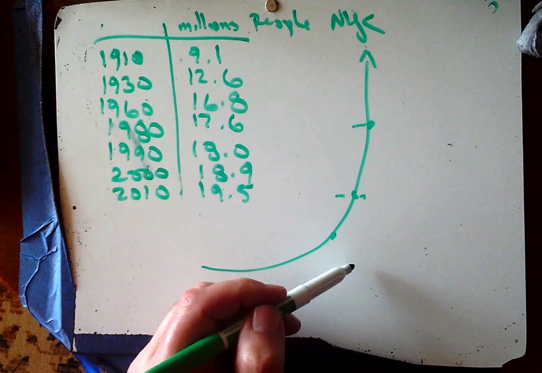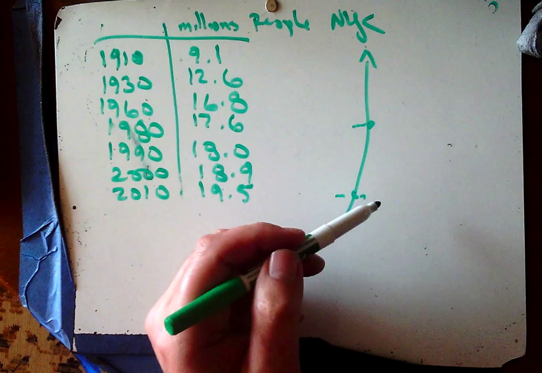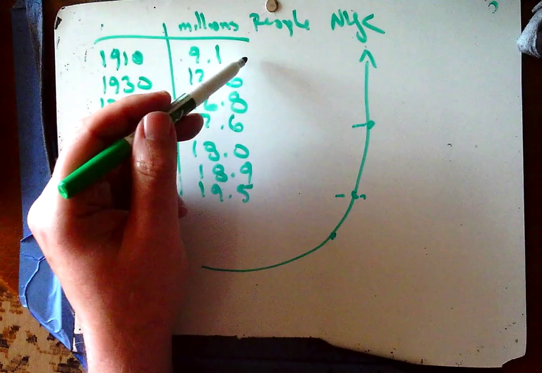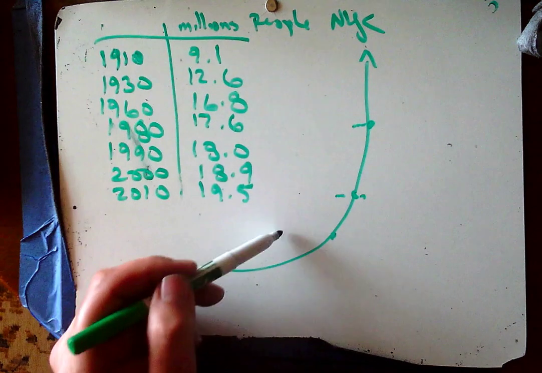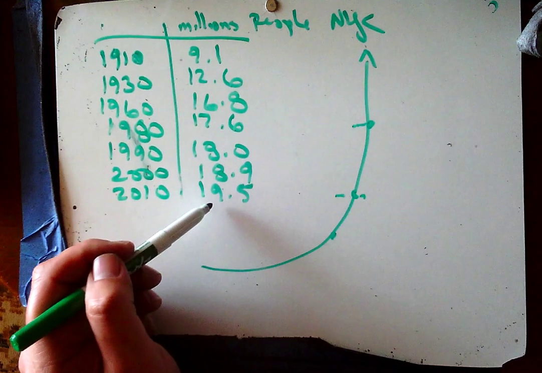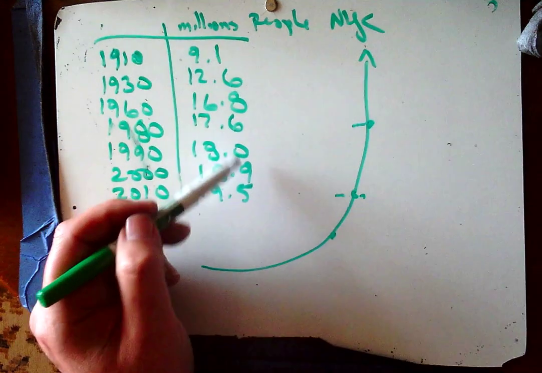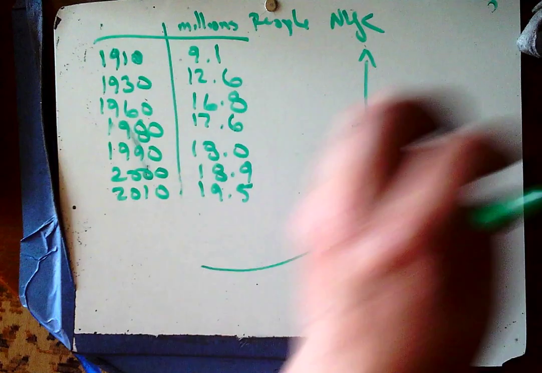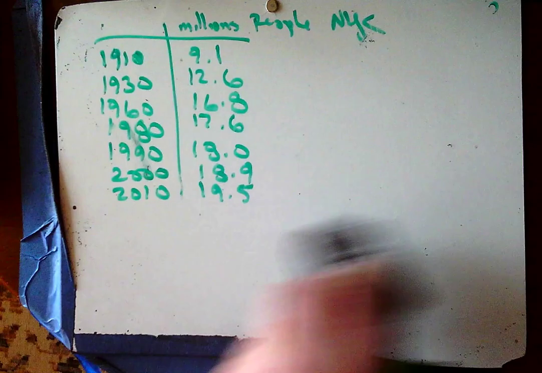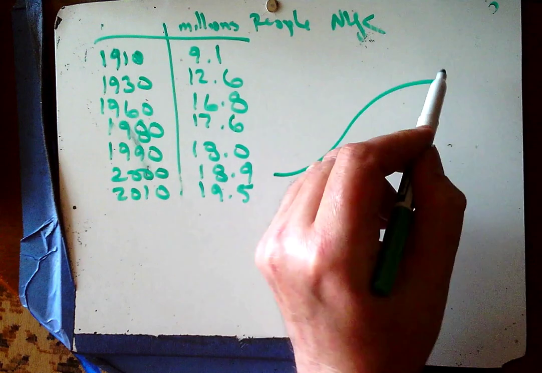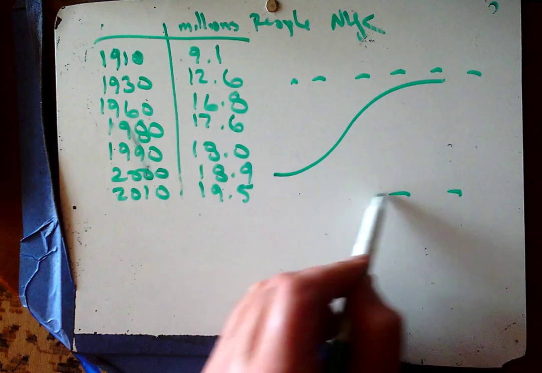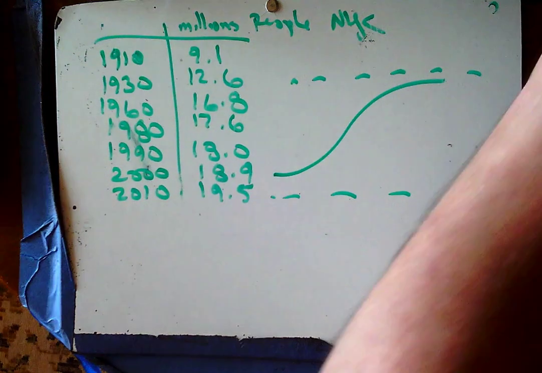So in an exponential model, the change in the y values gets bigger and bigger. But our y values aren't getting bigger and bigger. They're getting bigger, but there's less distance in between each of them. And so for that reason, I think we're looking at this kind of a situation. So we want a logistic model.